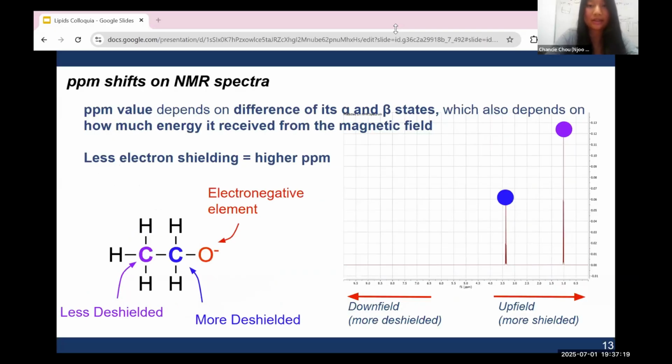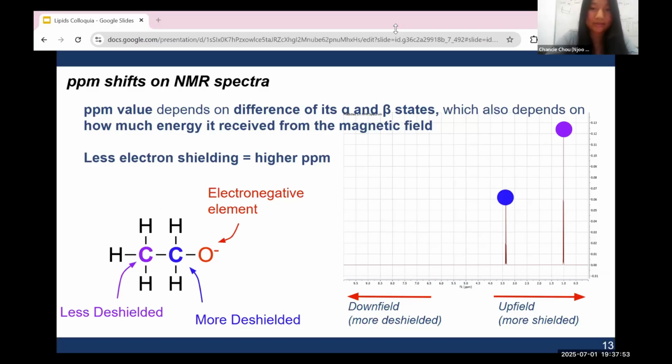As I stated, since the ppm value depends on the alpha and beta spin states, it also depends on how much energy is actually received from the magnetic field. And this is influenced by what atoms the proton is bonded to. If the proton is next to really electronegative atoms such as oxygen, nitrogen, or fluorine, that atom is able to pull electron density away from the hydrogen. That makes the hydrogen less shielded, meaning it feels more of the external magnetic field.